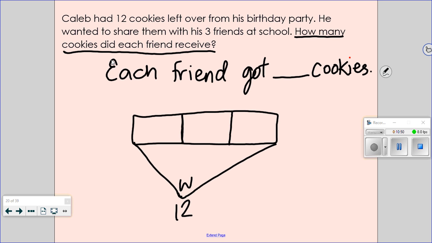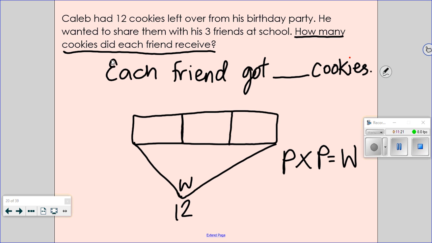Do I know how many cookies he gave each friend? Does it tell me that? No. So now we need an equation. We know we can do part times part equals whole. We've done that a zillion trillion times. Do I know how many groups there are?